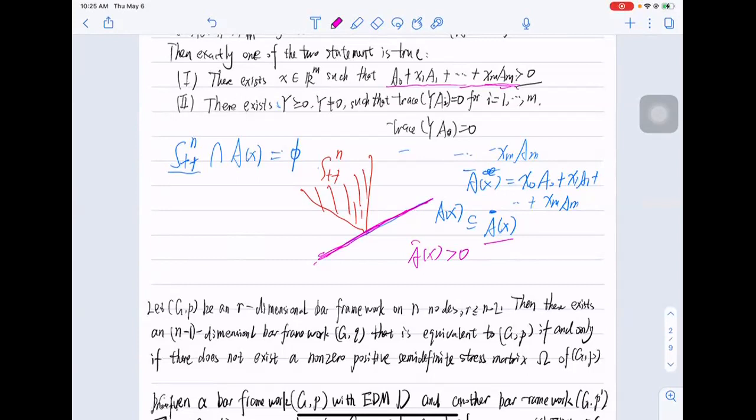So if you have x0 through xm such that x0 A0 plus this is PSD, then if x0 is positive, you can just scale it to make x0 equal 1. Then you have a contradiction with this.